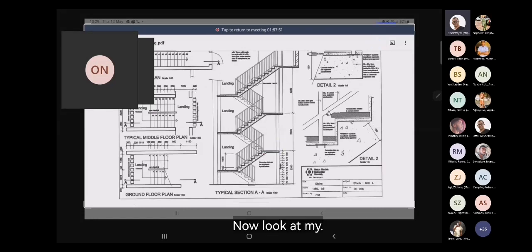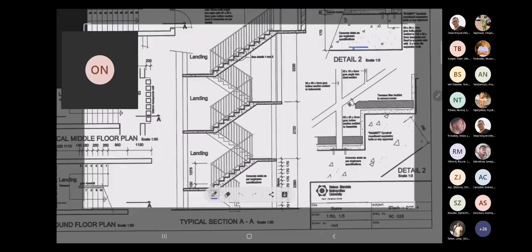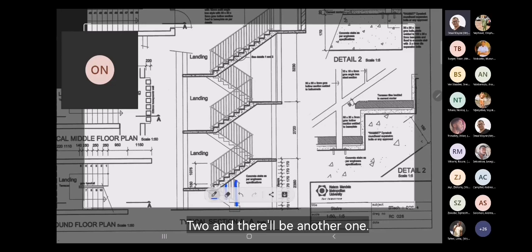Now look at my balusters. 1, 2, 2, and there'll be another one, 3 down there.